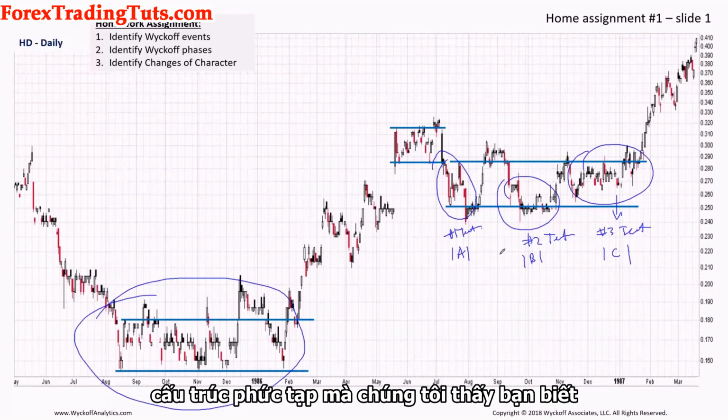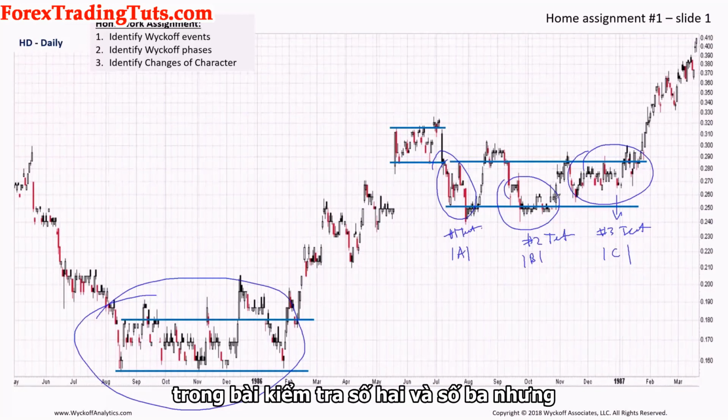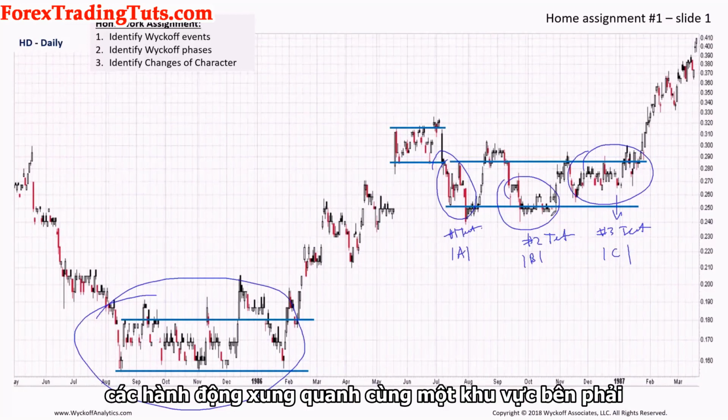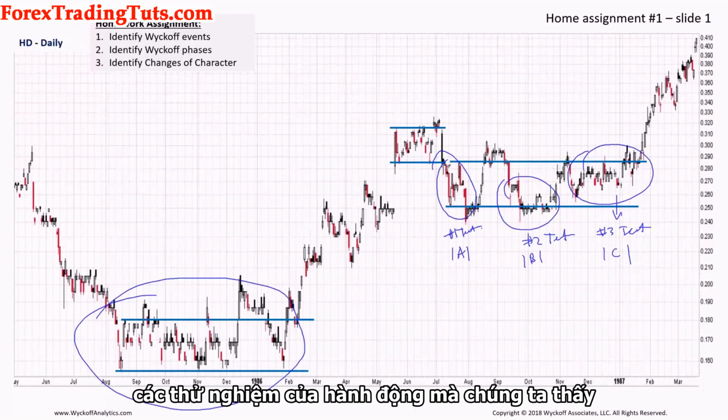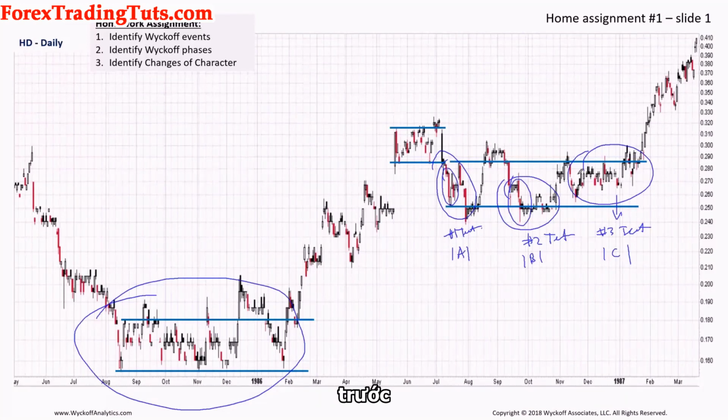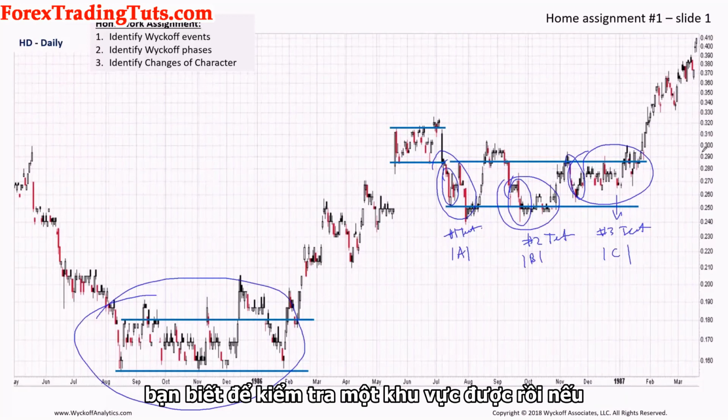Even though they are such complex structures in test number 2 and number 3, they are all actions around the same area, right? They are all the tests of the action that we see prior to the testing area.